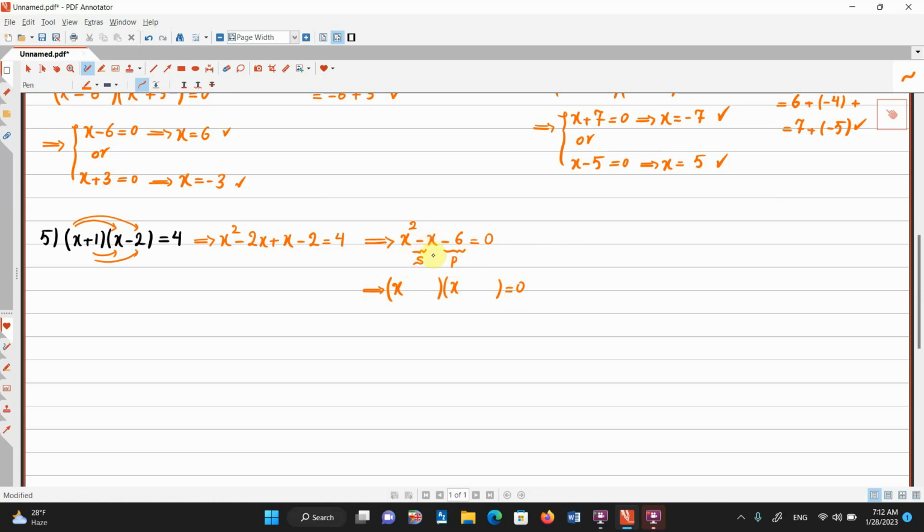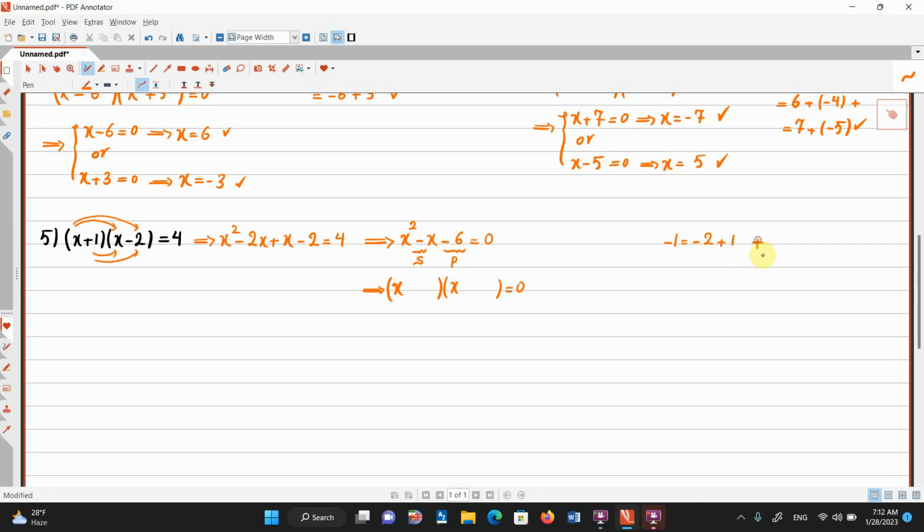And this sum, which is -1, should be written as a negative number plus a positive number. The integer exactly before -1 is -2. -2 plus 1 equals -1. Product of these two numbers, -2 and 1, doesn't make -6.